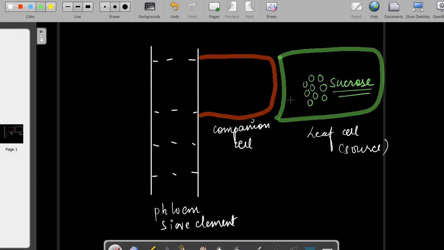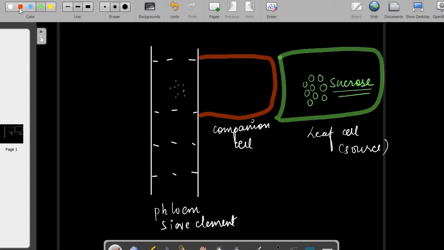But unlike the xylem vessel, there is no initial pull, no transpiration pull, no water potential difference here. So now active loading needs to be done over here. Energy needs to be given to take this sucrose towards the phloem. How it is done, we'll see.